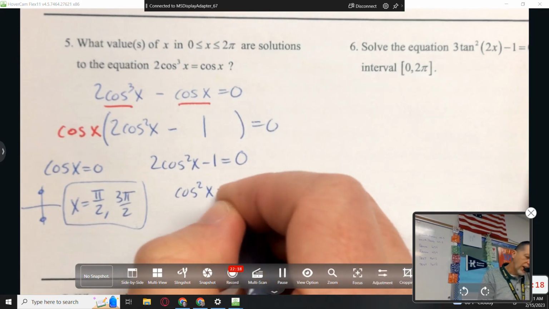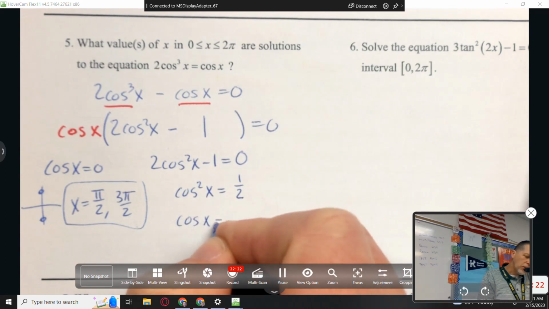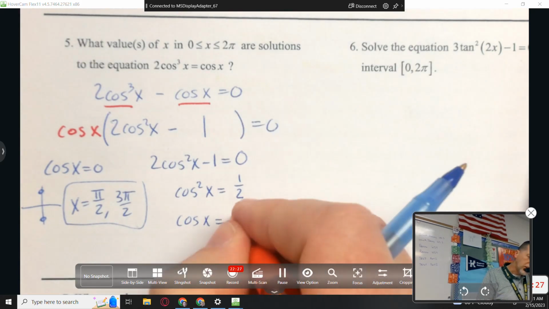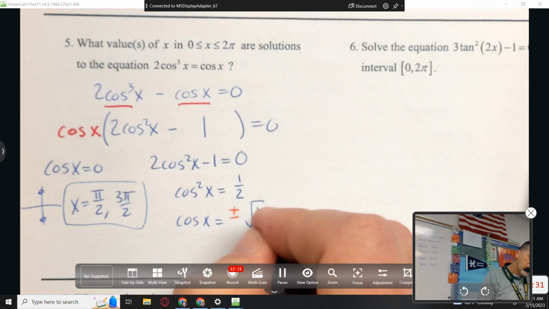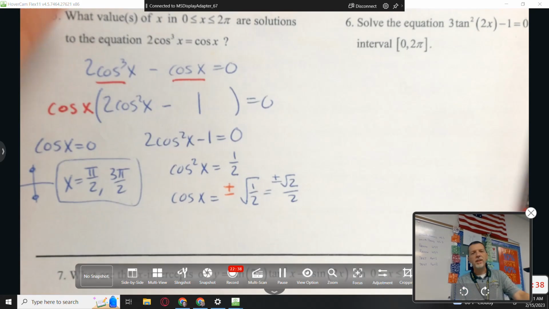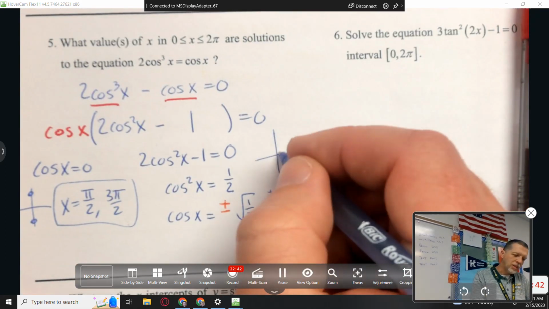Cosine squared x equals 1/2. We square root both sides. Square root, don't forget the plus or minus. Which is the square root of 2 over 2. We did this problem a minute ago, I think. So the plus or minus means I don't care about quadrants.